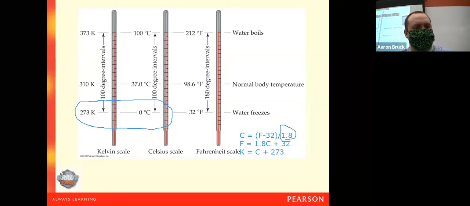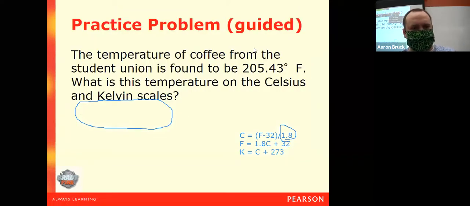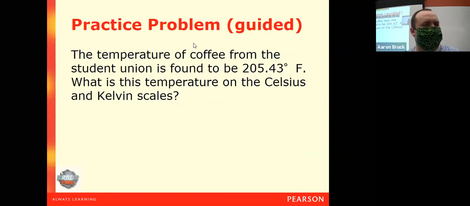Now, where we're going to use this is we're going to do a conversion problem. Let's just say, for the sake of argument here, that the temperature of the coffee in the student union is 205.43 degrees Fahrenheit. First of all, if you're carrying around a thermometer in your pocket when you go to get coffee, people might start asking some questions about you.